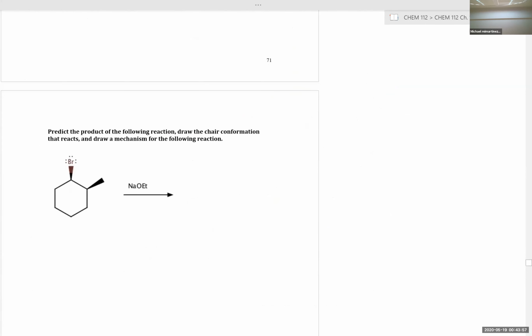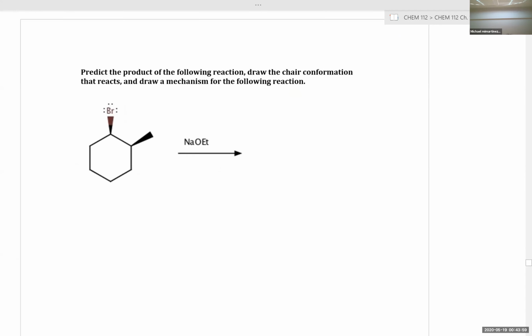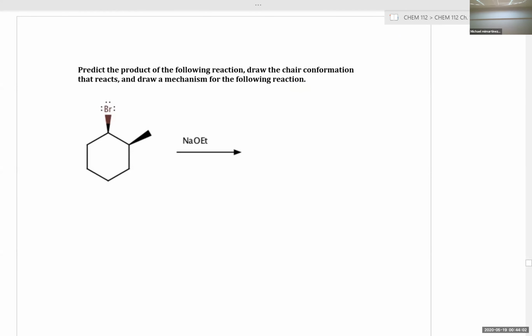Now, let's take a look at the following reaction. Let's try to predict the product of the following reaction, draw the chair conformation that reacts, and draw a mechanism. Okay, so first and foremost, both of these substituents are up. Can everyone clearly see that both of our substituents are up?